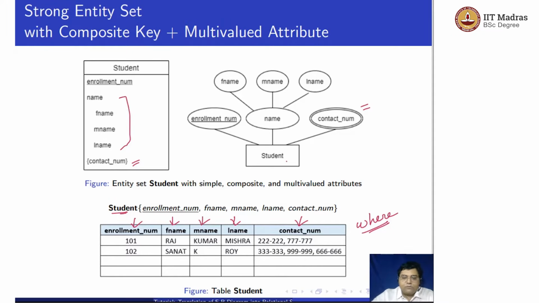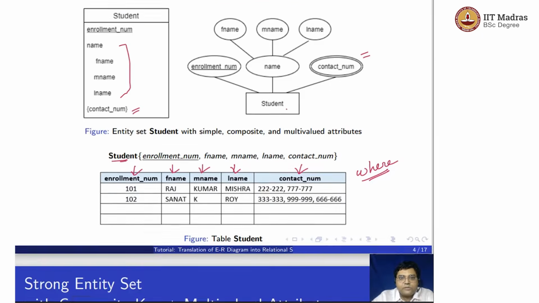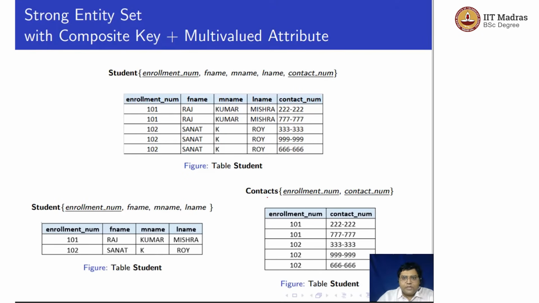So what should we do in this particular case? For each contact number we will create a separate row, right? That's why, as 101 has two contact numbers, we have created two rows. So all the attribute values for 101 are basically repeated twice because it has two contact numbers.